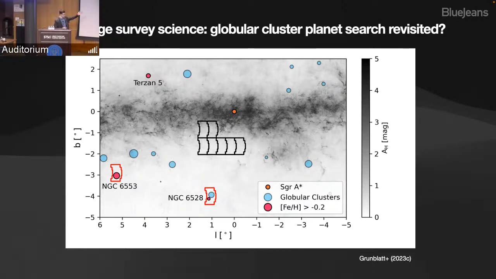Here I've highlighted the globular clusters that are nearest to the galactic center, and specifically labeled those clusters with metallicities greater than -0.2. One of those clusters is less than 2 degrees away and could capture both the metal-rich cluster and a more typical globular cluster at -1 metallicity within the same Roman pointing.